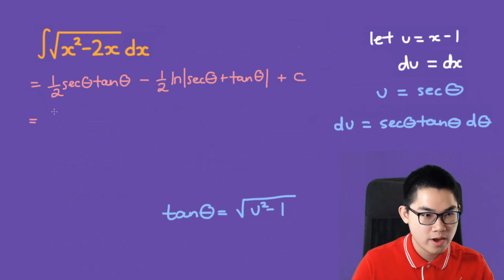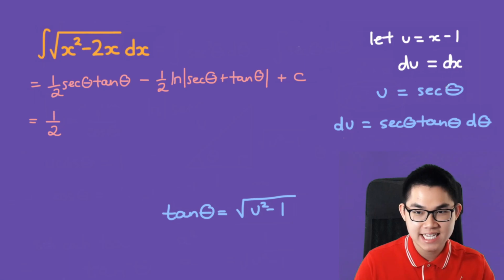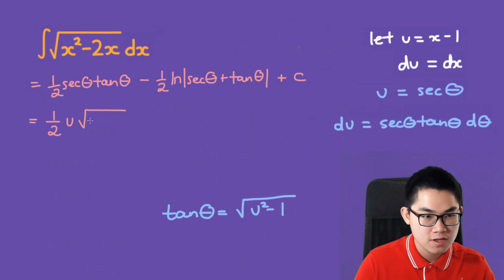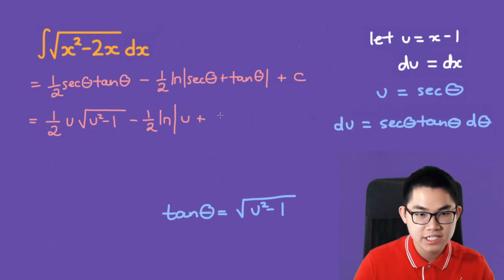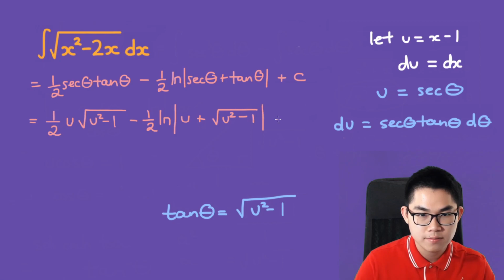So we have 1 over 2 times secant, and secant is just u, so times u, and times tan. And tan is the square root of u squared minus 1. And then minus 1 over 2 times the ln of the absolute value of secant, and secant is just u, plus tangent, and tangent is the square root of u squared minus 1, plus c.